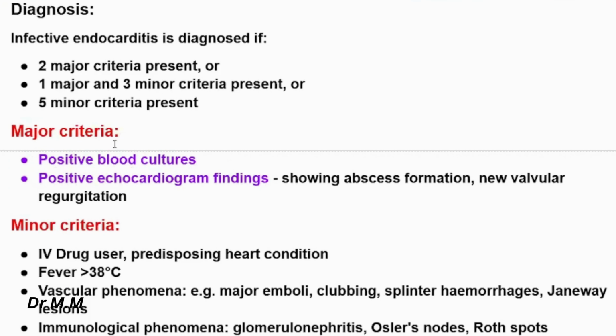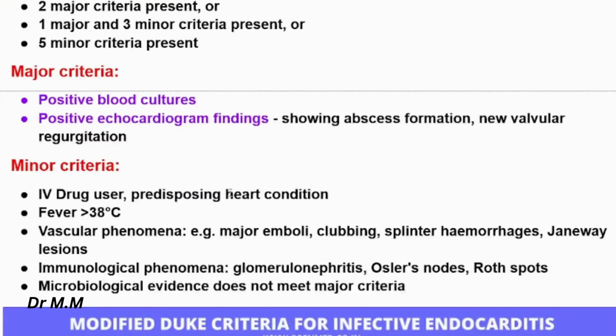What are the major criteria? Major criteria are a positive blood culture and positive echocardiogram findings, like abscess formation or new valvular regurgitation, as we said in the patient's history. These are the two major criteria: positive blood cultures and positive echocardiogram findings.